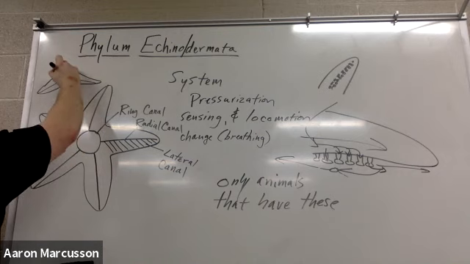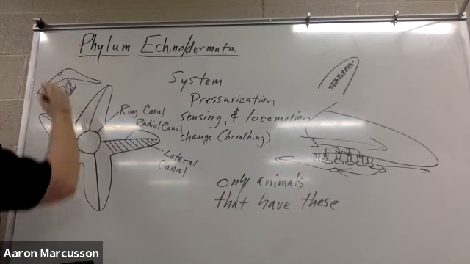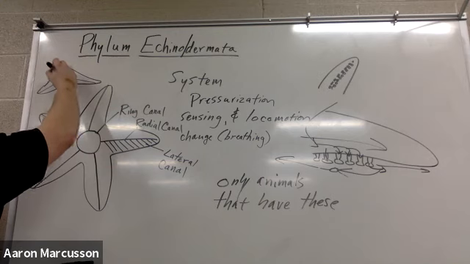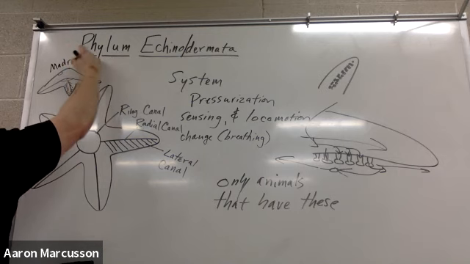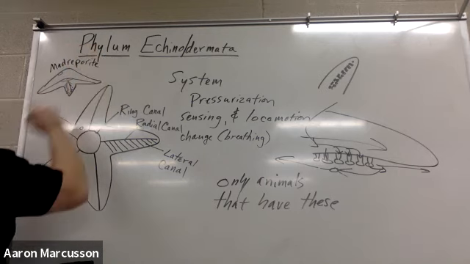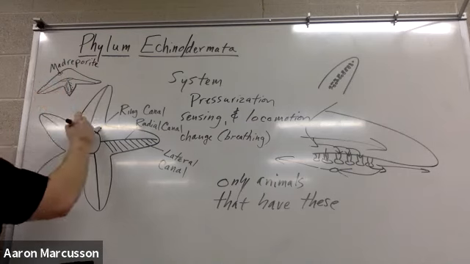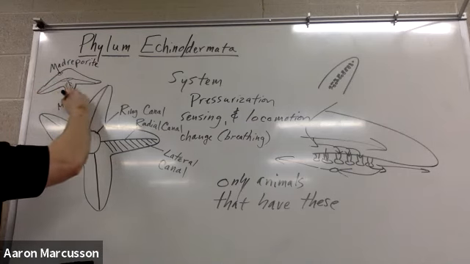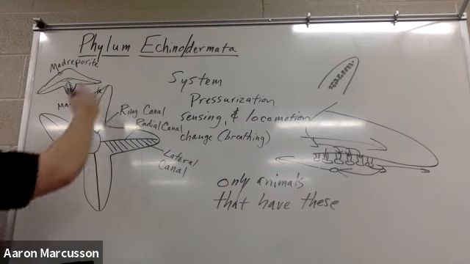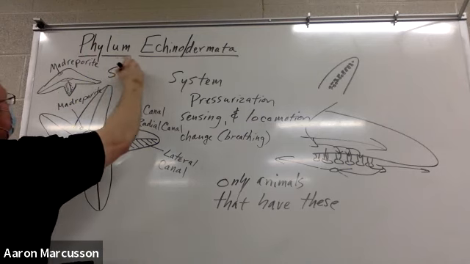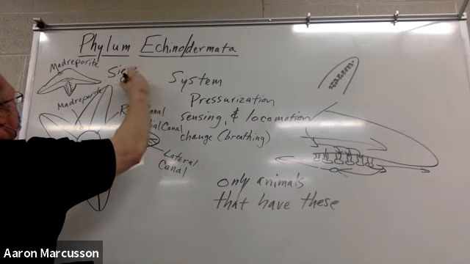Okay. They have a little thing on the outside, on the back of them, which is called a madreporite. That's this part right here. This is the madreporite. Also known as a sieve plate.